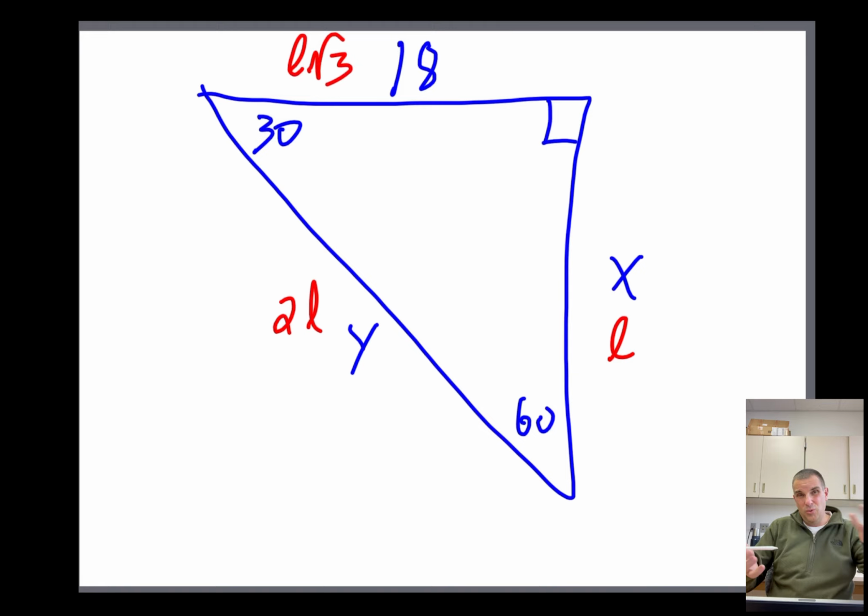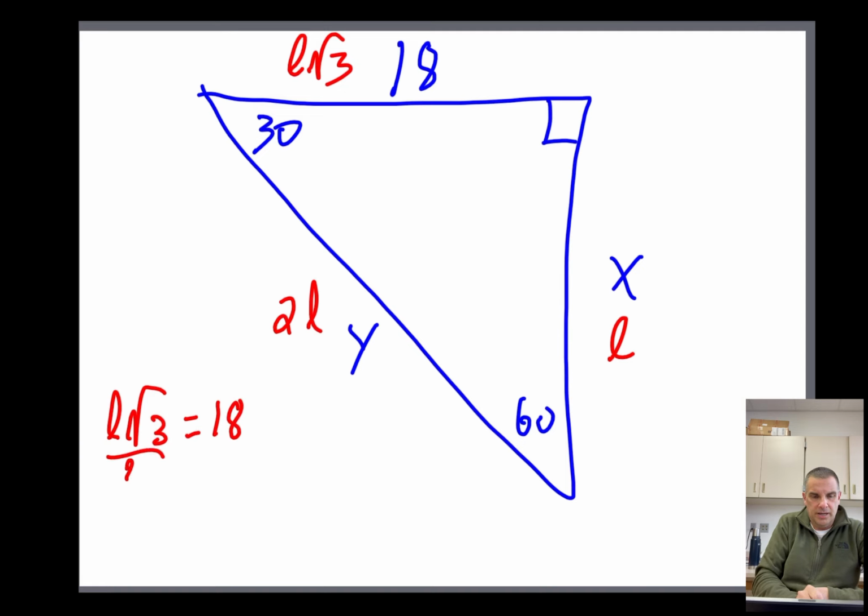I know my long leg is 18. So I can find the value of L by taking L radical 3 equal to 18. So divide by radical 3, so multiply by radical 3 over radical 3.